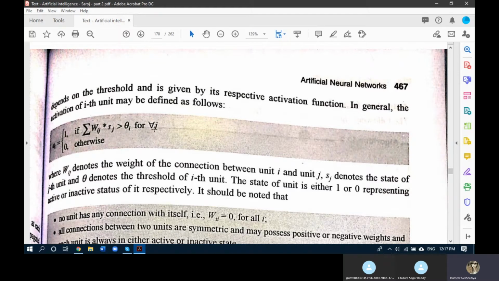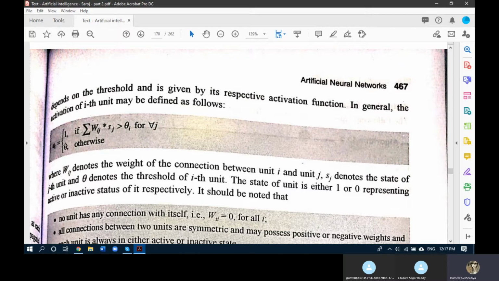For all j, for all j means i might be connected to 2, 3 j's. So for a node i, for all its connected nodes, we need to check this, and if it satisfies for all the connected nodes, its activation is 1. Its state is 1, and 1 means active and 0 means inactive.